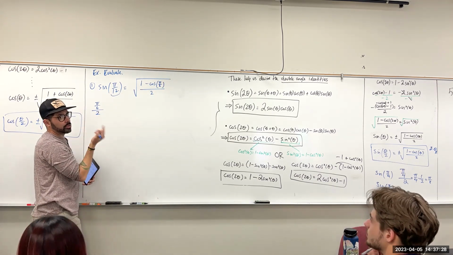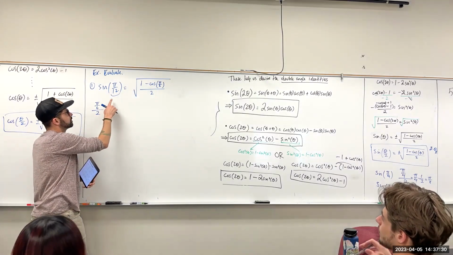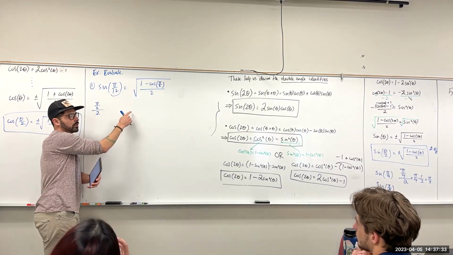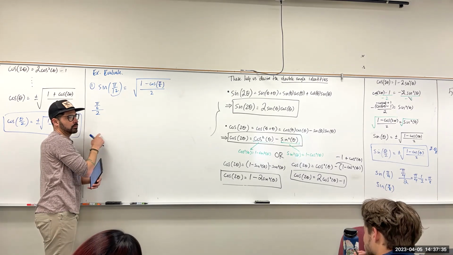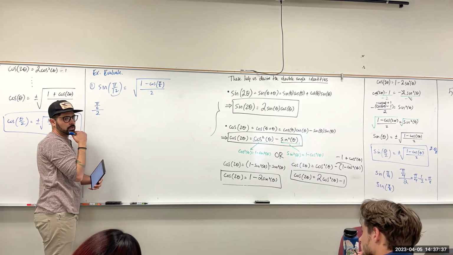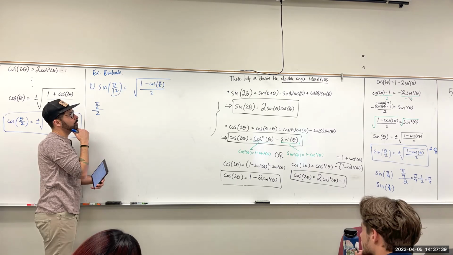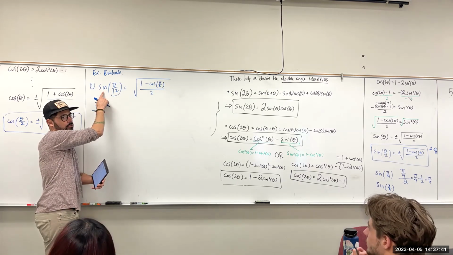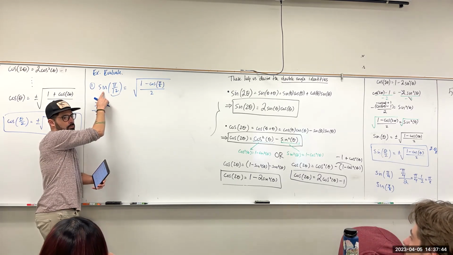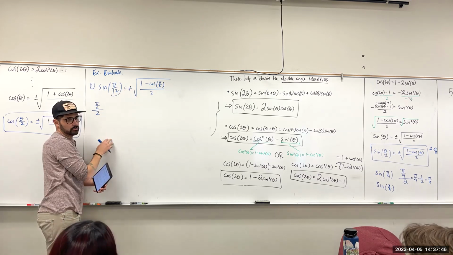But now I have to figure out, is it plus or minus? Which quadrant is pi over 12 going to be in? In the first quadrant. So should sine be positive or negative in the first quadrant? Should be positive, so it's a plus.